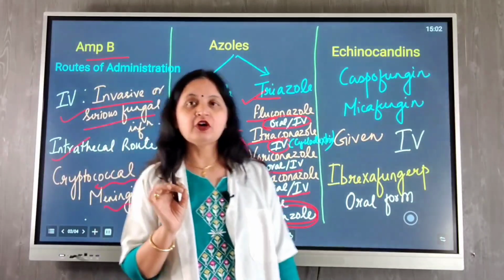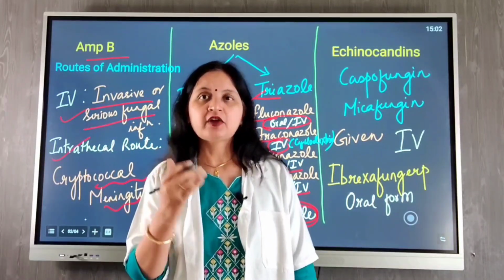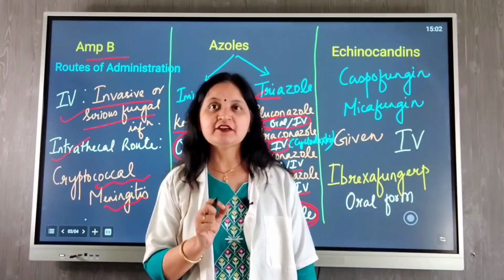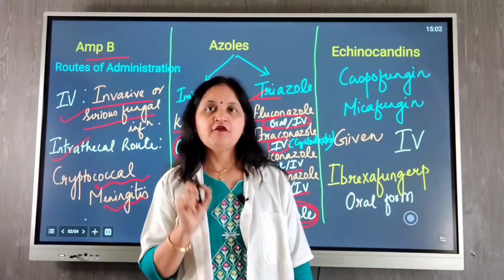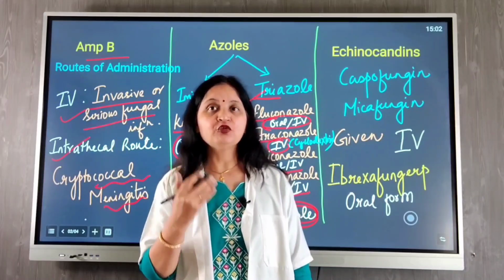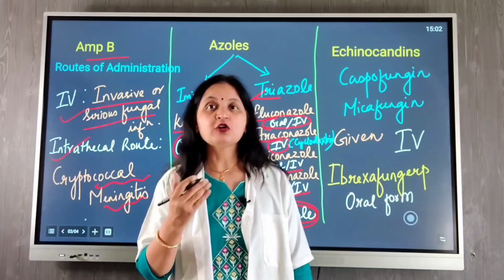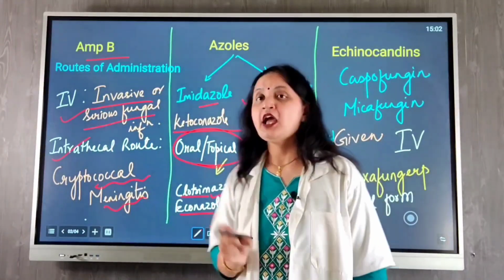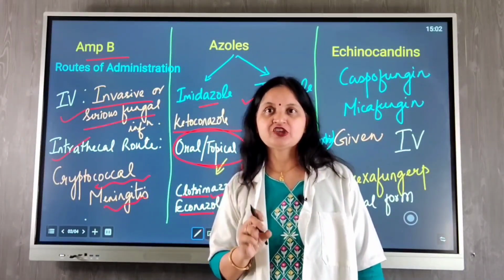So itraconazole is an exception in the triazole group of antifungal drugs, where only the parenteral formulation is available. So no oral formulation, whereas fluconazole and posaconazole are also available as oral form and can be used for treating non-serious fungal infections.